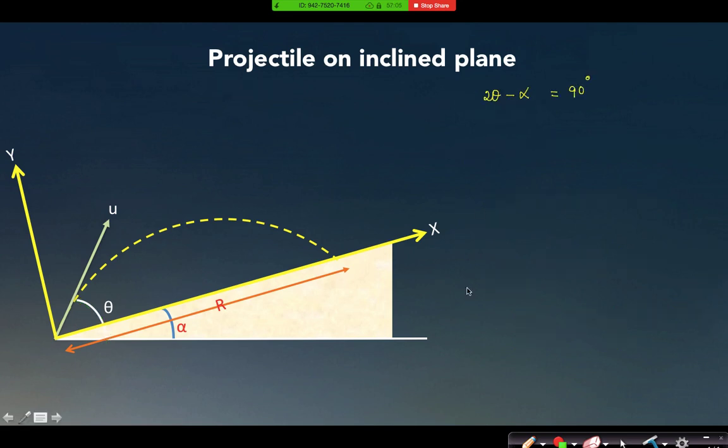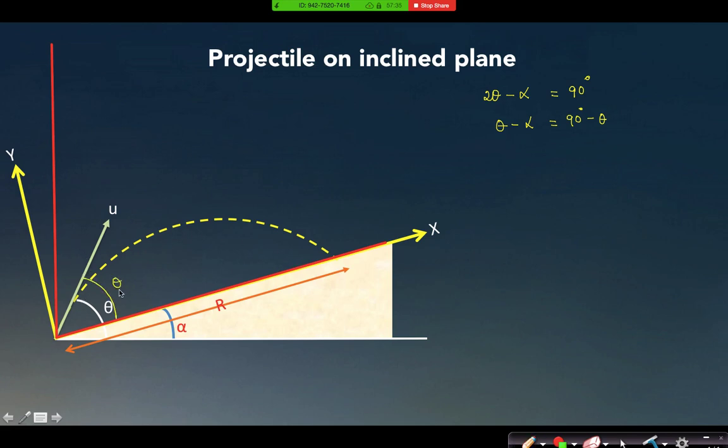So, can I just modify it and write theta minus alpha is 90 minus theta? Yes or no? Tell me. Now you can see that this is the vertical line that I have drawn, and this is the inclined plane that is given. And if you calculate this angle, what you will get?